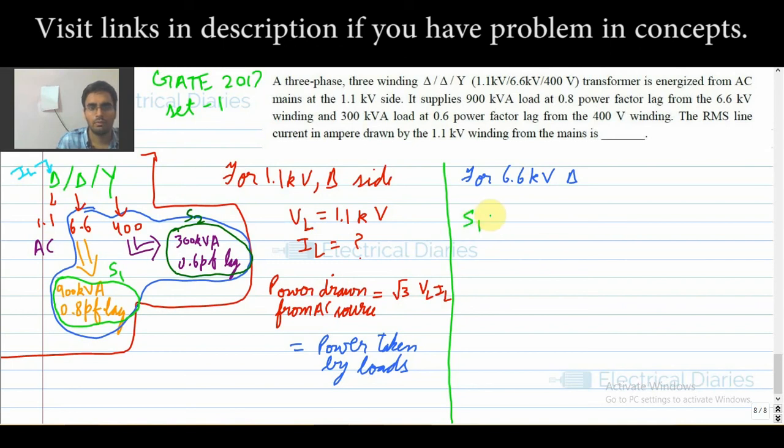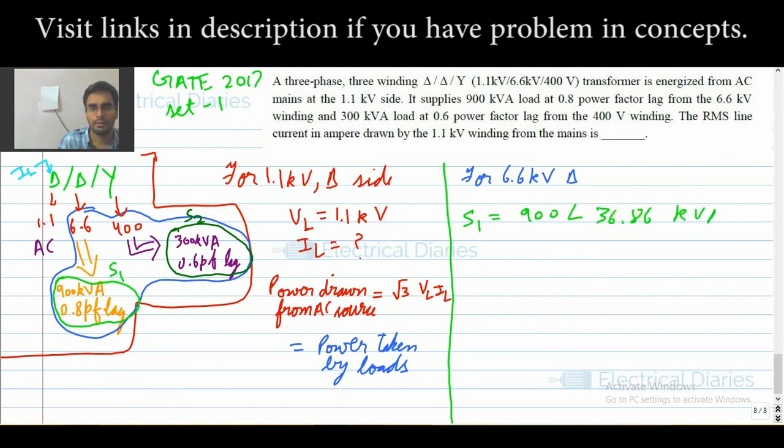S1 will be 900, the magnitude, at an angle for 0.8 power factor lag. Lagging means Q greater than 0, so P plus jQ, so your angle will be positive. So 900 at an angle, cos inverse of 0.8 is 36.86, kVA.